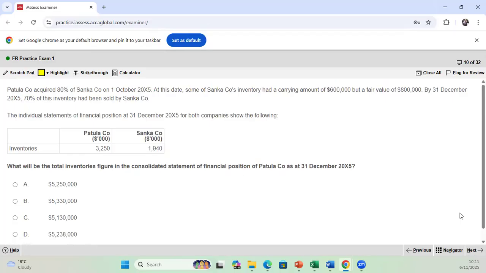So it means parent plus subsidiary plus the 60,000. If the fair value adjustment is upwards, we add it to the asset; if downwards, we subtract.